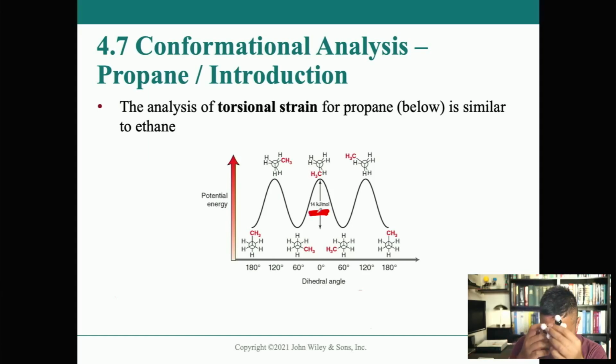And so, just like in the ethane, the most stable and lowest energy conformation would be staggered for the propane, where the methyl group is in between, like that.